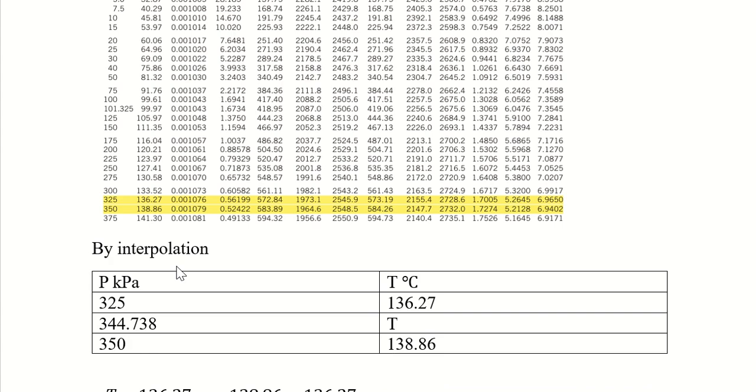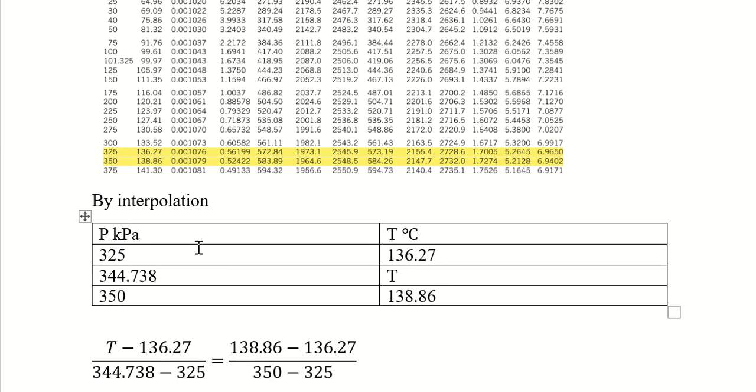And for neatness, it's a good idea that you draw this table. You don't have to, but for this, it's good. It's a neatness motive to draw it, just like how I drew it here. You put the first value of pressure in kilopascals, which is 225, and the temperature that goes with it, which is 136.2527 degrees Celsius.